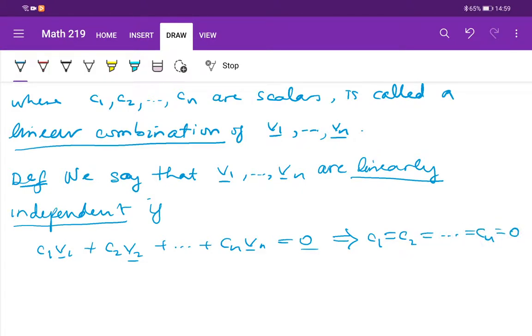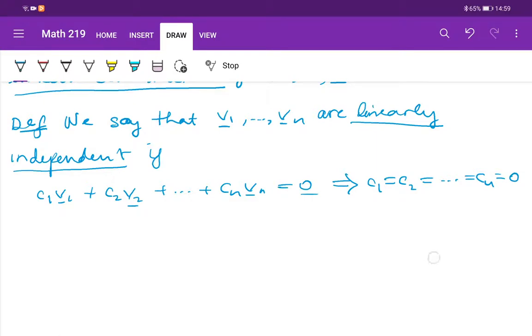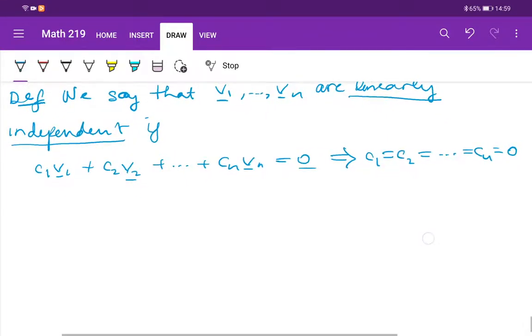Certainly if you put c1 up to cn equal to 0, the linear combination is obviously the zero vector. We're saying the converse holds: if the linear combination is equal to 0 precisely when c1 up to cn equal 0, then the vectors are linearly independent, and if they're not linearly independent, we call them linearly dependent.